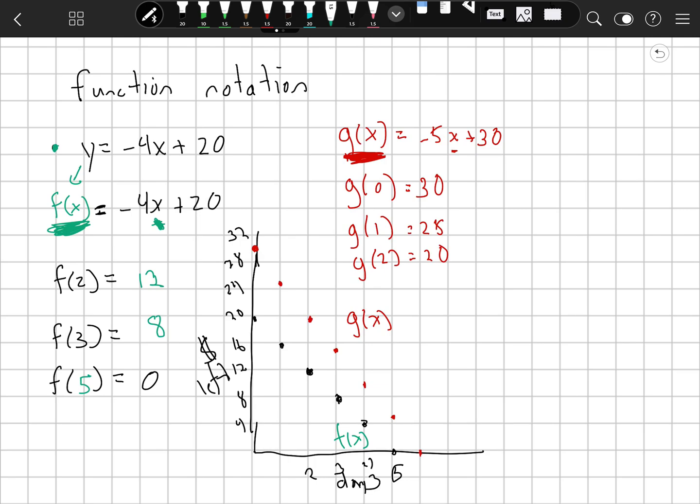And if we used y for both of them, it would be hard to know the difference between them. So two reasons we use function notation. First of all, to keep track of the inputs and outputs, and second of all, we're going to start looking at more than one function on the graph at a time, and so we want to keep track of which function belongs to which.